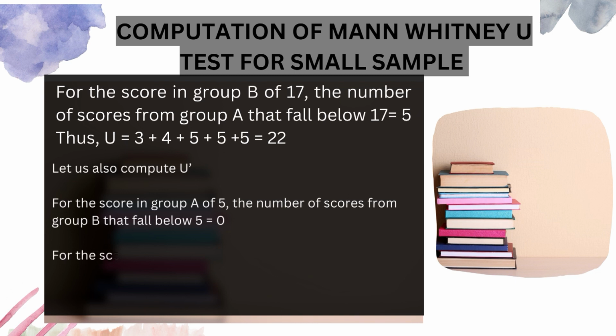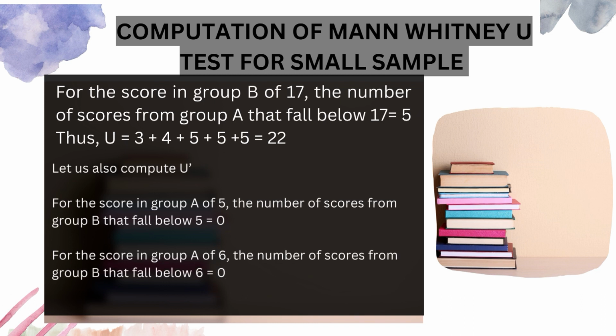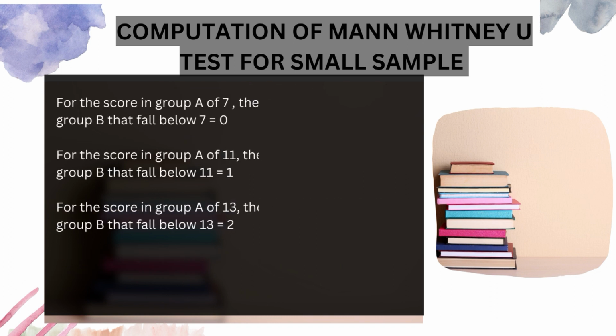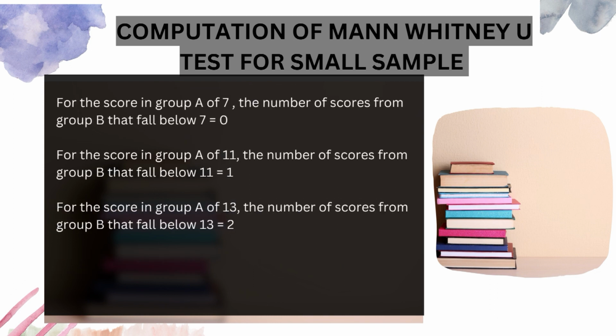For the score in group A of 6, the number of scores from group B that fall below 6 is equal to 0. For the score in group A of 7, the number of scores from group B that fall below 7 is also 0. For the score in group A of 11, the number of scores from group B that fall below 11 is equal to 1.